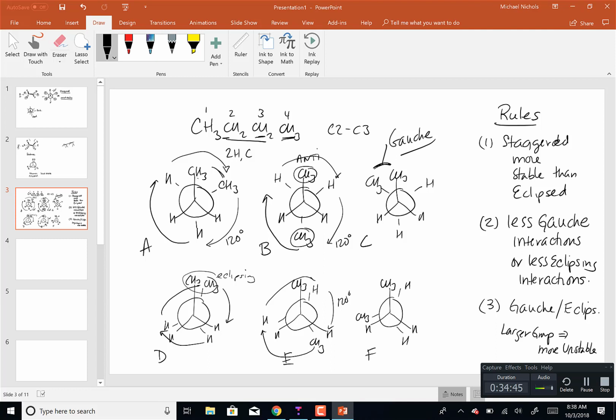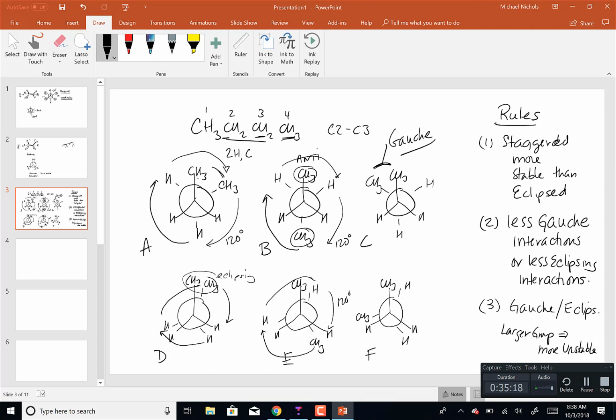So A and C have the same energy. Okay, I'm going to make a very big distinction here between they're the same and they have the same energy. They're the same means that they would have the same exact structure, which they do, except they're like backwards. So I'm not going to consider backwards to be the same. So they have the same energy. So A and C would be tied because they have the same energy.